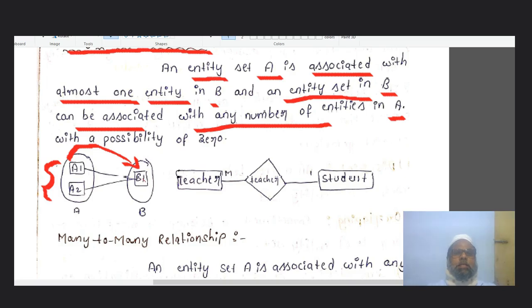So this is called a many-to-one relationship. Observe this ER diagram, which represents that a teacher teaches a student. This is a many-to-one relationship: a single student is taught many classes by many teachers.